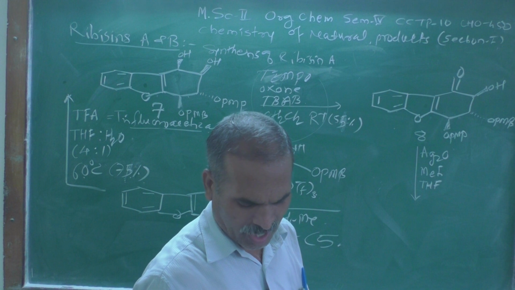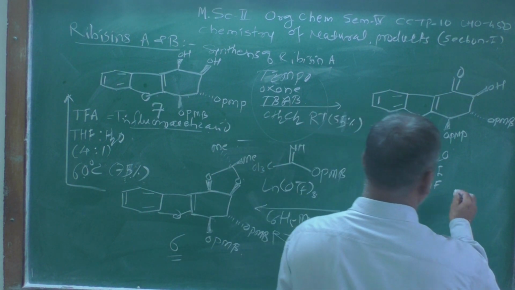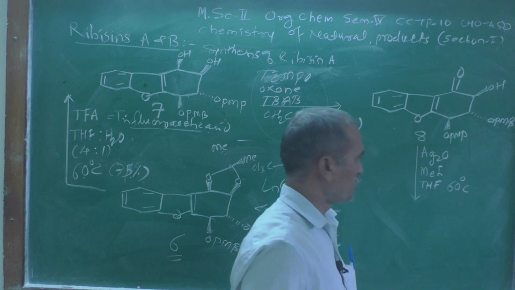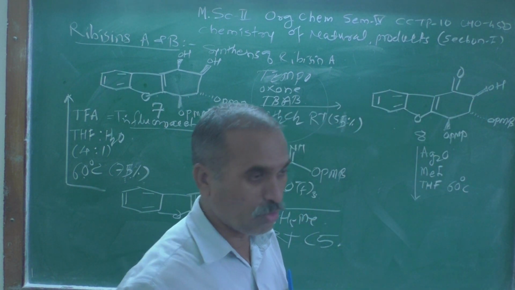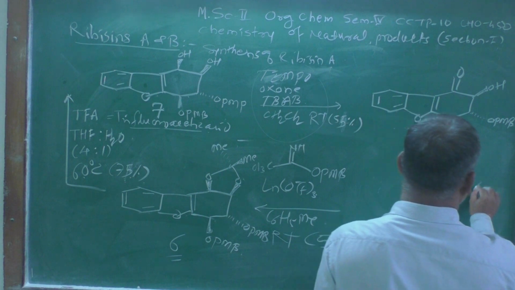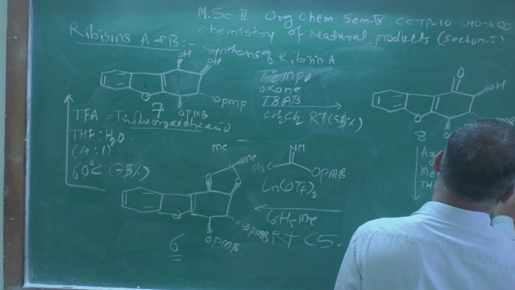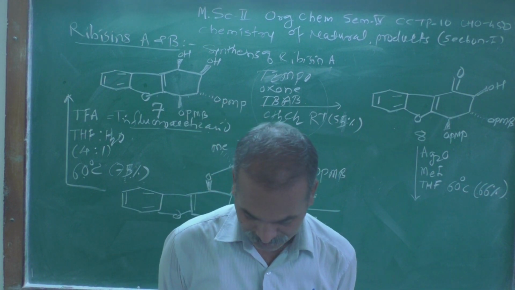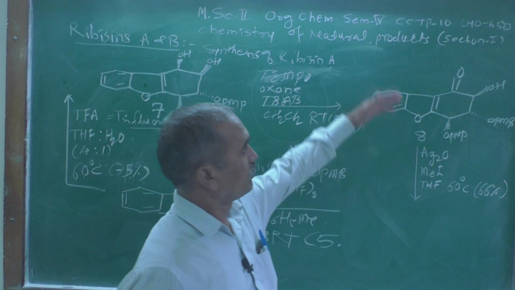And that reaction mixture is refluxed or boiled at 60 degrees centigrade. The overall yield obtained is 66%.